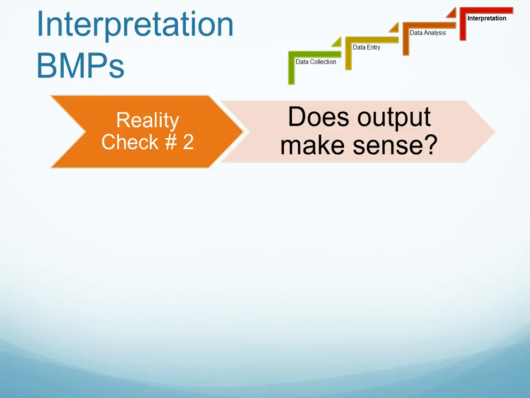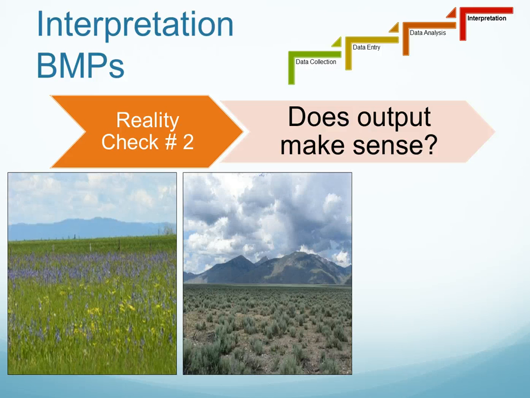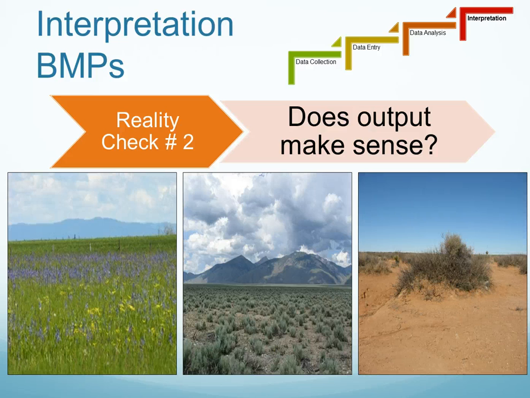Let's think of going back to that photograph that you took when you collected your data. If this is what your site looked like, and you're measuring bare ground, and you're measuring ground cover as well as canopy cover, and your results produce something that suggests either this scenario or something as extreme as this, you may want to do your reality check.